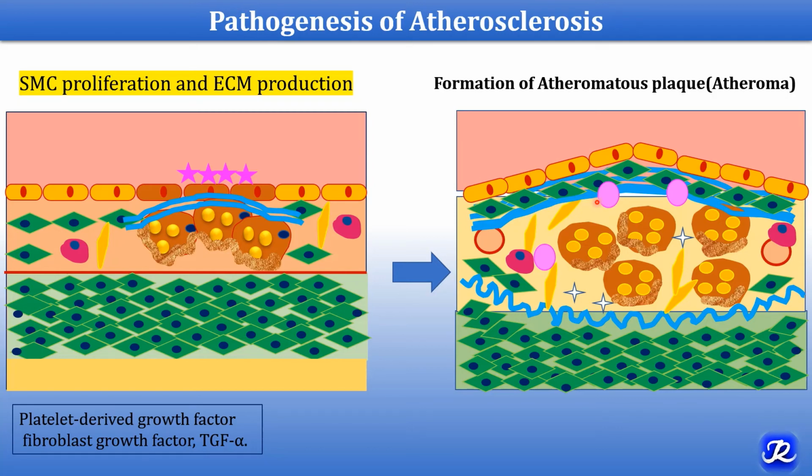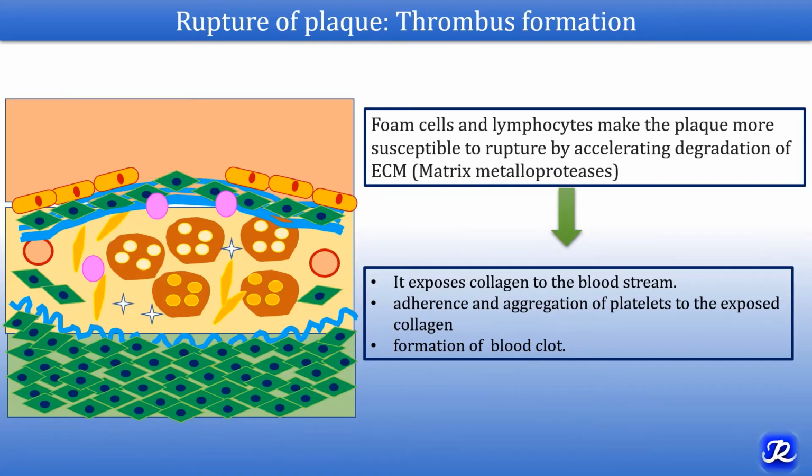So over a period of time, this atheromatous plaque enlarges and it tends to obstruct the lumen of the blood vessel, leading to stenosis, or it can also rupture. One of the major consequences of atheromatous plaque is the rupture and thrombus formation.